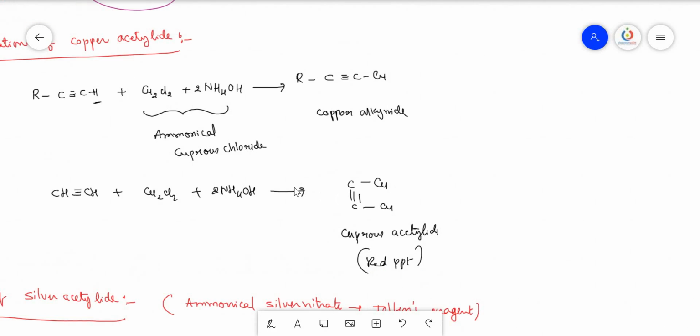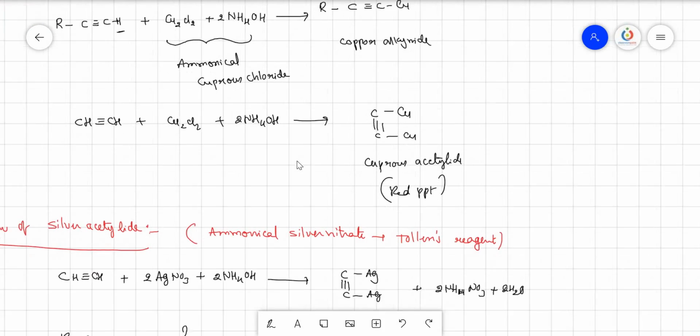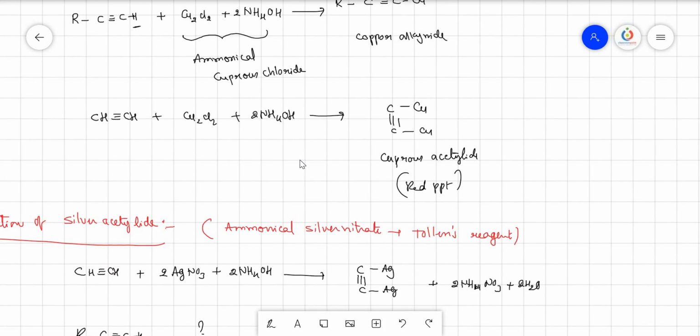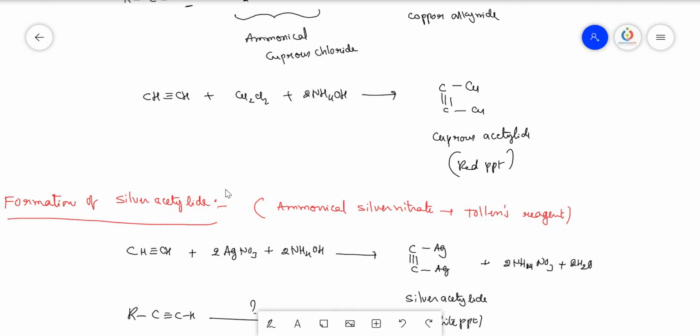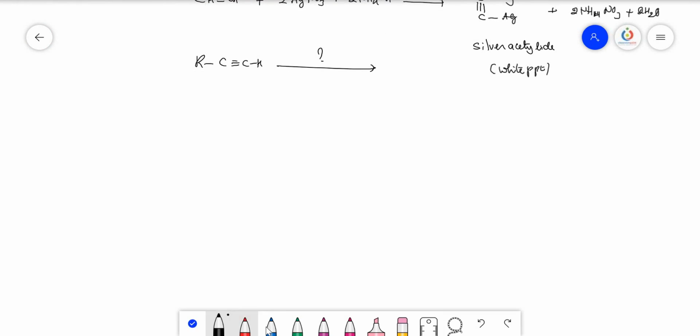Then what is the use of both of these tests? These tests are very helpful in separating alkynes, particularly terminal alkynes, from the other compounds. I will write down here.